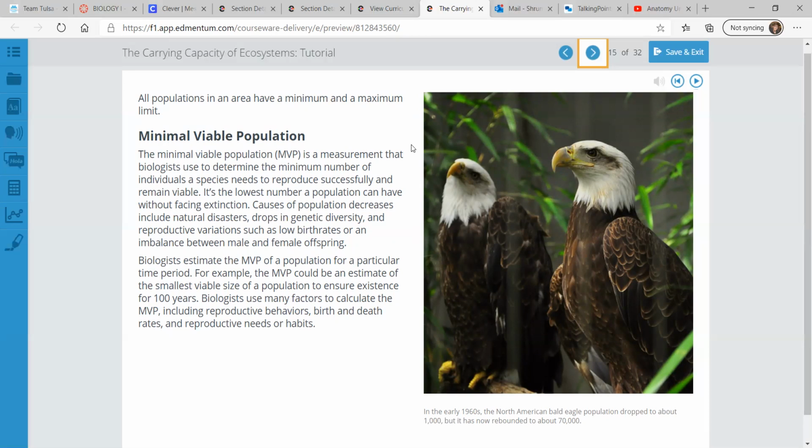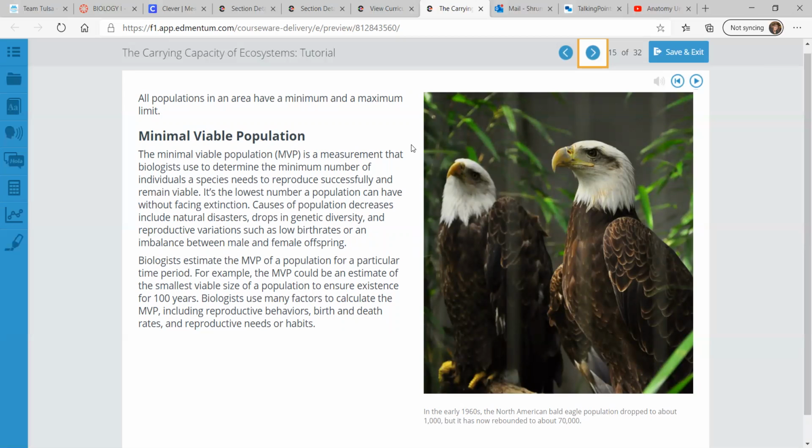Biologists estimate the minimal viable population of a population for a particular time period. So they're estimating all the time. For example, the MVP could be an estimate of the smallest viable size of a population to ensure existence for 100 years.